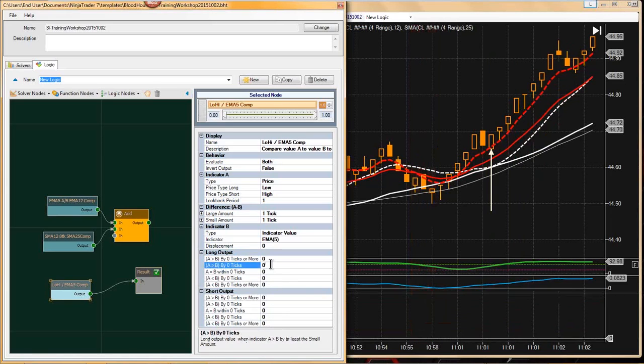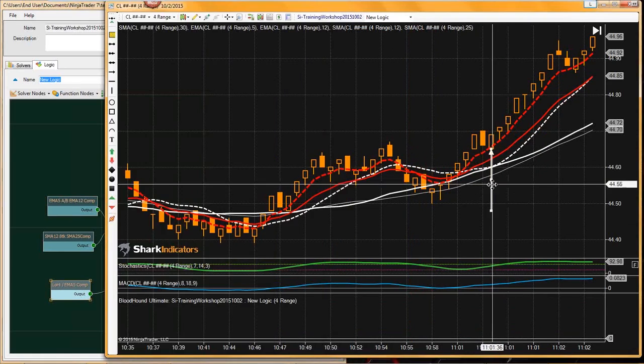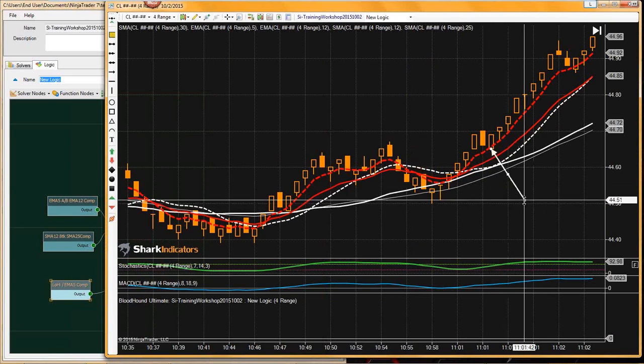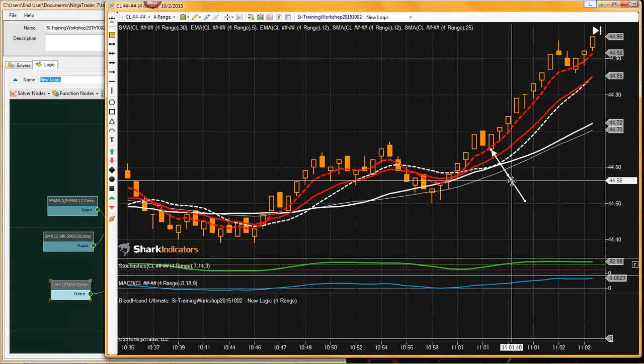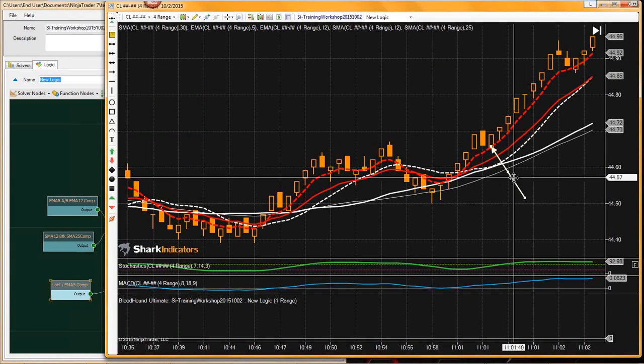All right, so let's think about this. The low price of this bar is less than our EMA, right? So when the low price of this bar touches that EMA, it's actually less than that EMA.